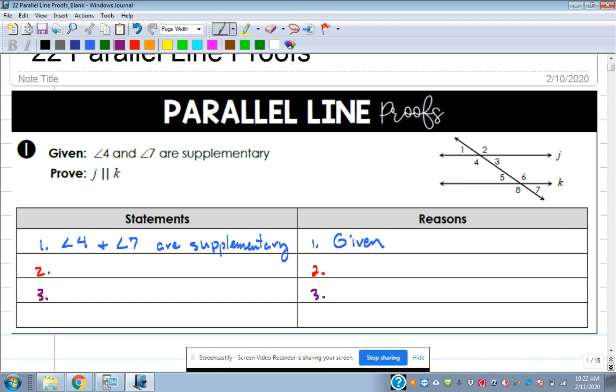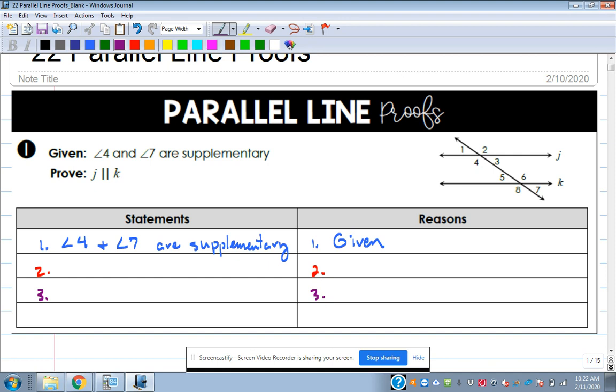1 and 4 are, 4 and 7 are supplementary. We know that because it was given to us. If I go down here and pick up 6 and 7, make a linear pair the same way 1 and 4 do, right? Okay, so if I'm going to go that direction, let's do 6 and 7 are a linear pair.